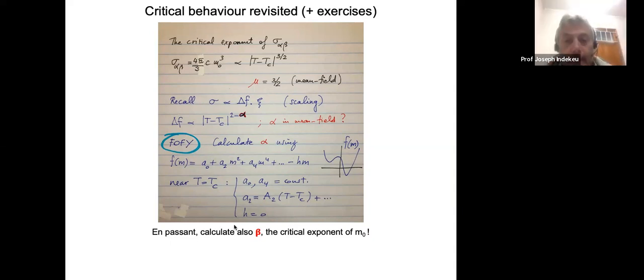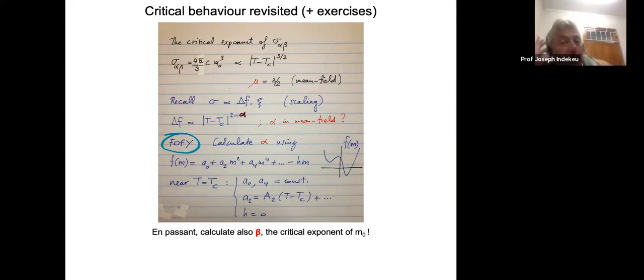Okay, so this is an exercise for homework, and please also calculate then the beta exponent, the exponent of m0, using these assumptions here, and basically minimize the function f as a function of m, and obtain these pieces of information.